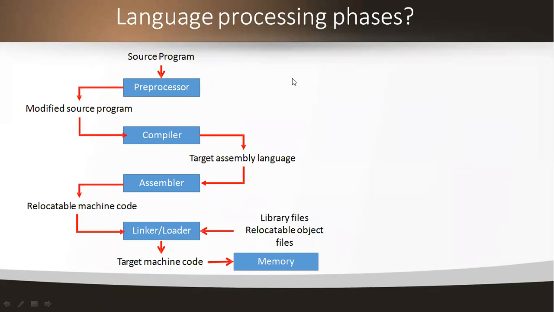And finally, see the arrow representation, there we define the target machine code. That is the target intermediate object code that we expect to generate as output of this given input source program.